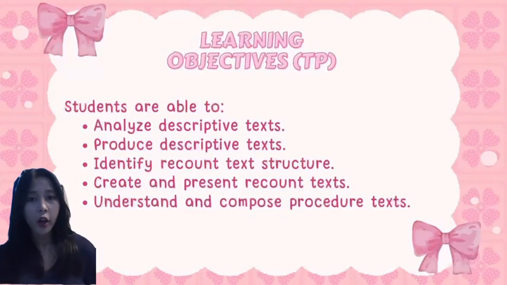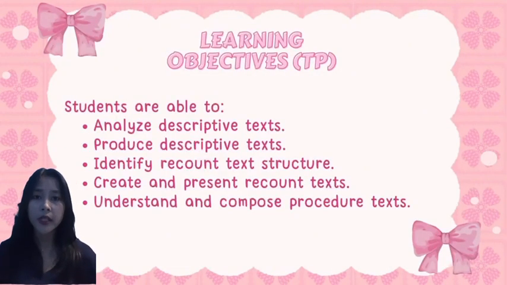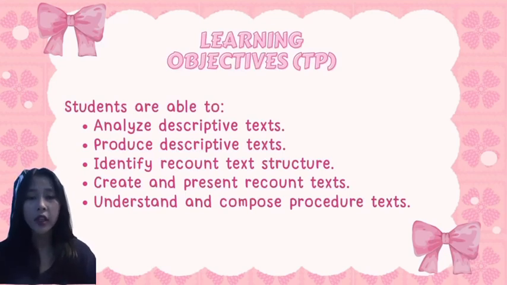Learning objectives or TP. Based on the learning outcomes, several learning objectives are developed. Students are expected to analyze descriptive text and identify their structure and language features. They also learn to write their own descriptive text.